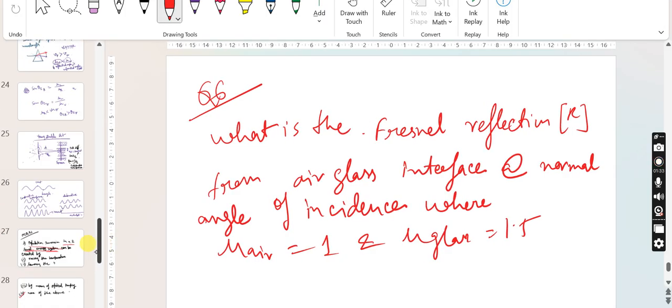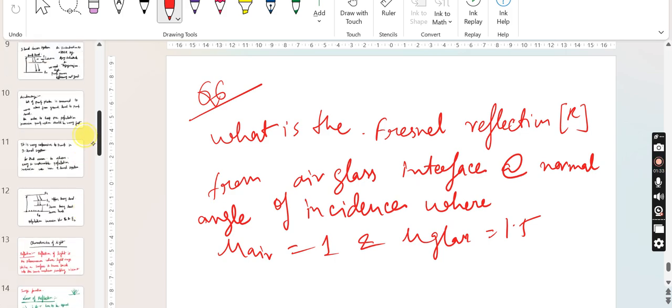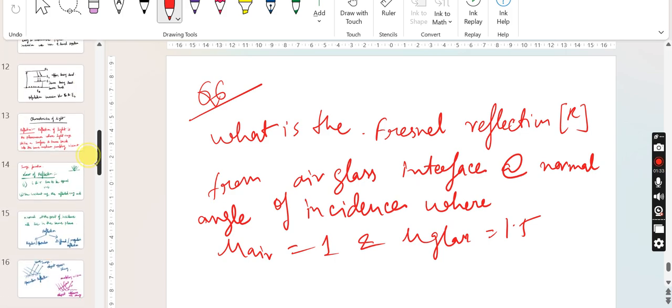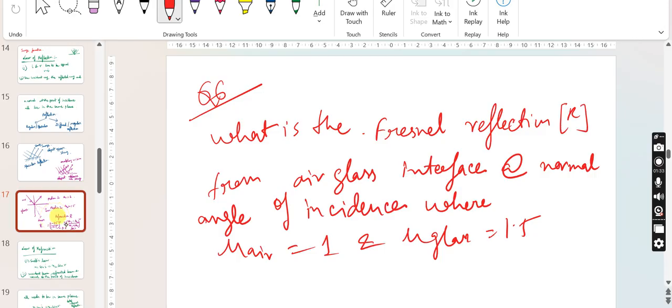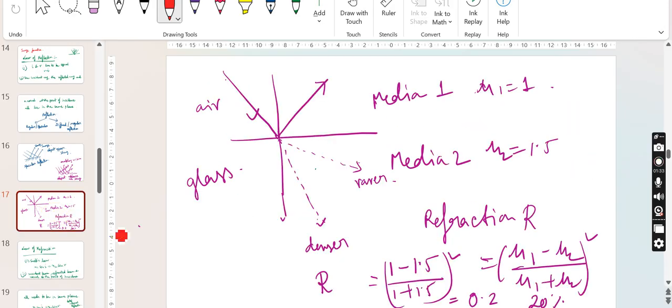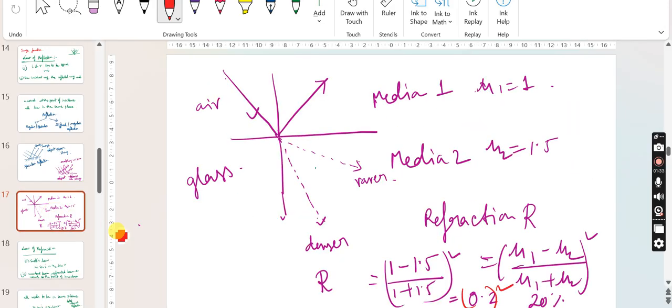I had done it, but now I remember I made a mistake. So this is 0.2 whole square. So that means 0.04. That is 4%. So only 4% is reflected.